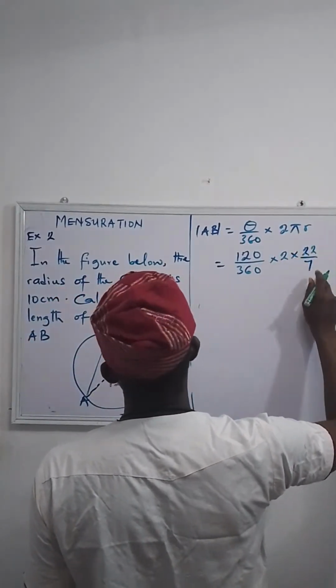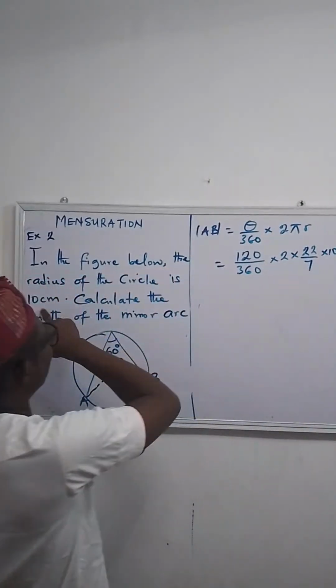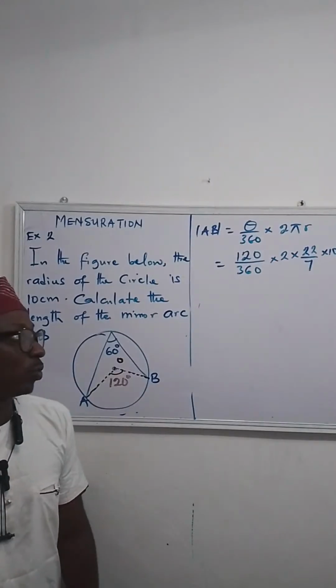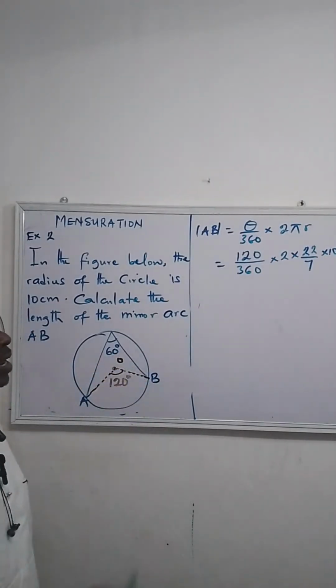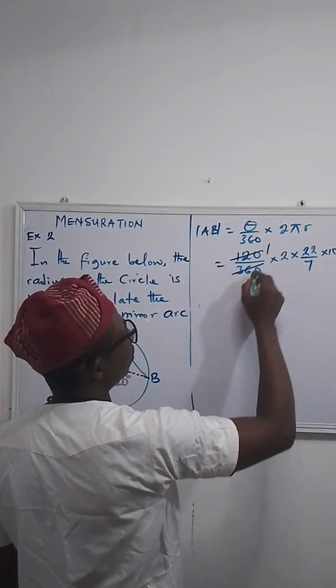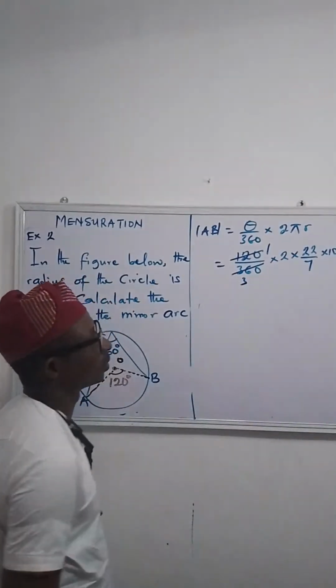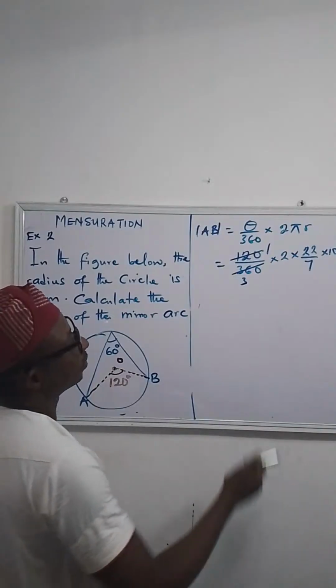And what is r? R is 10 centimeters. So that has been given in the question. So we can now go ahead and get this length of arc. So now 120 goes here is 1 and 120 goes here is what? 3. Okay, so what else do we have now?